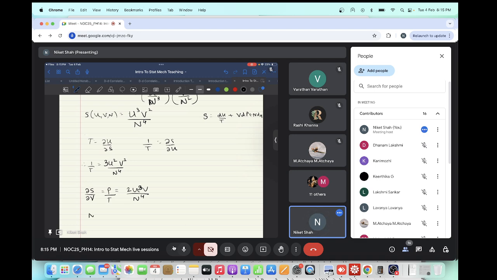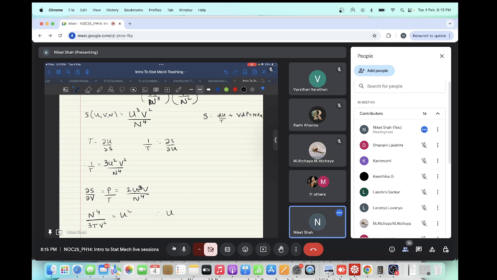n raised to power 4 divided by 3 t v square, 3t v square is equal to u square.